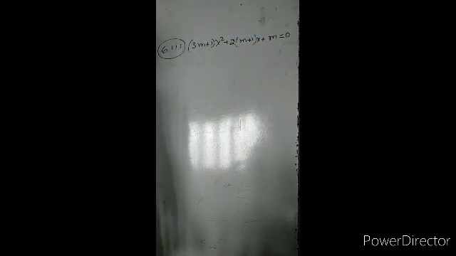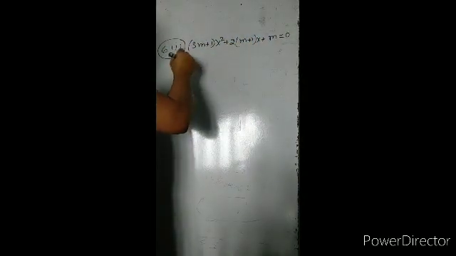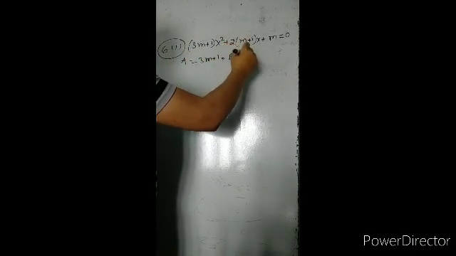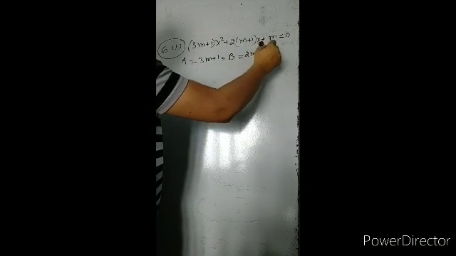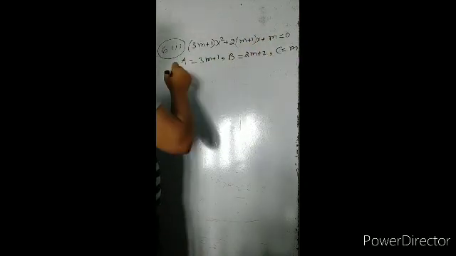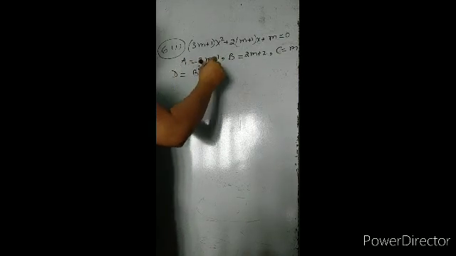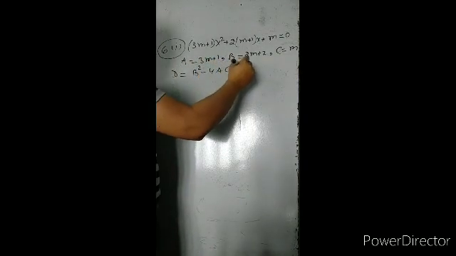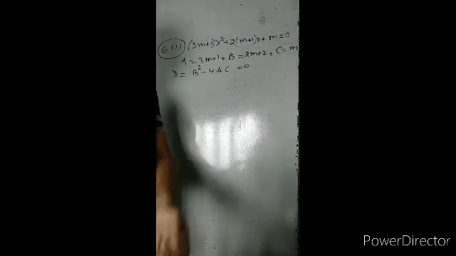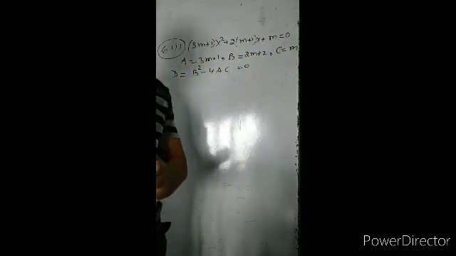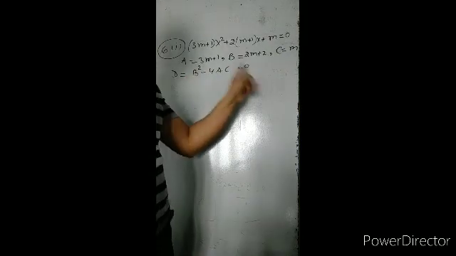Now recognize a, b, c. a is equal to 3m plus 1, b we have to insert 2, so 2m plus 2, and c is equal to m. Write the discriminant, b square minus 4ac. We write 0 because it is given in the question that the roots of the equation are equal, so the discriminant is equal to 0.